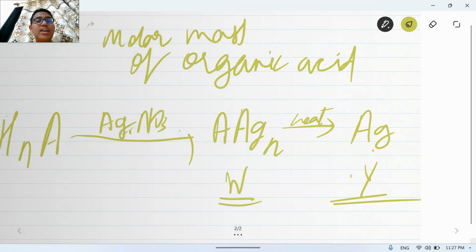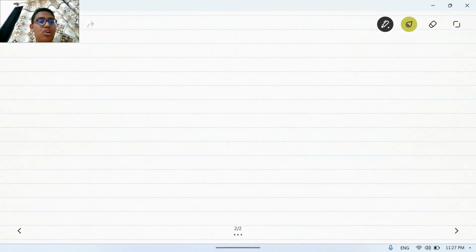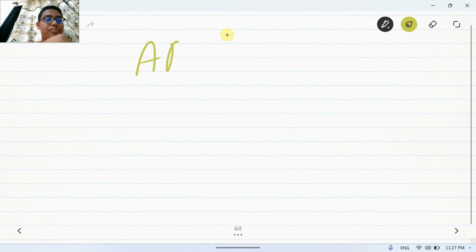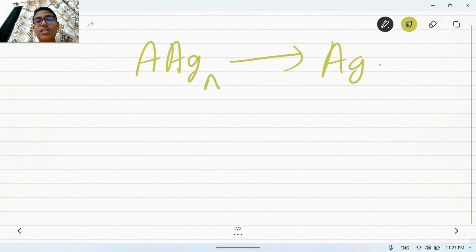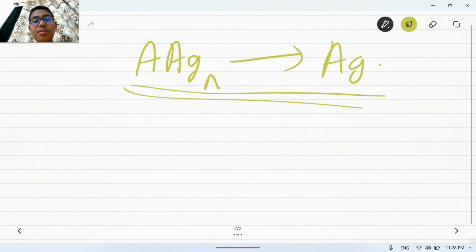So now let's start our calculations. How are we going to solve it? Now, AgnA goes to Ag. The number of moles of Ag is going to remain constant throughout the process because the atom is always conserved. So the number of atoms here is the same as the number of atoms here.